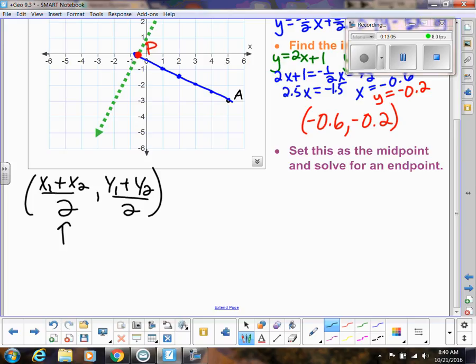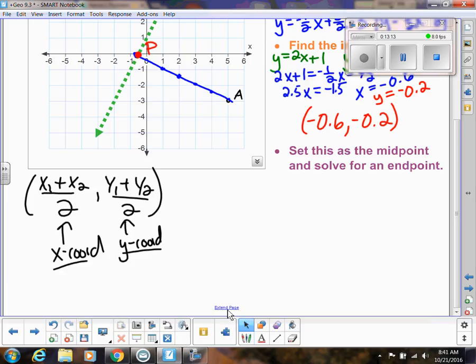This gives me the x coordinate of the midpoint, and this gives me the y coordinate of the midpoint. Since I already have the midpoint, I'm going to set each of those equations equal to that answer that we just got. And I'm using, again, A as my one point. This is the (5, -3).